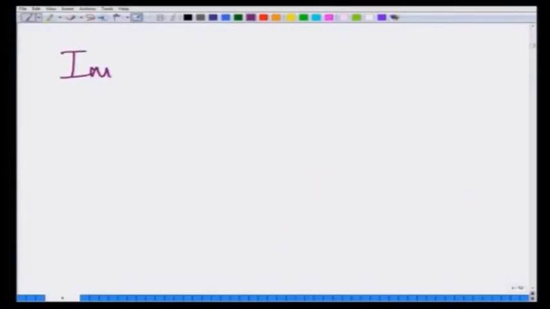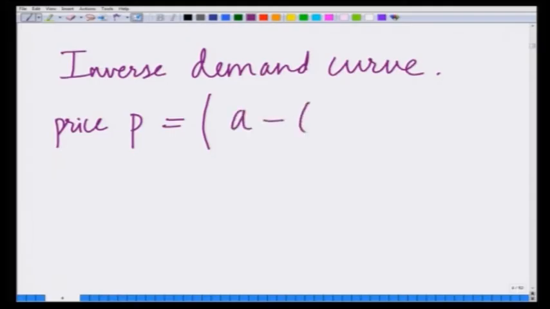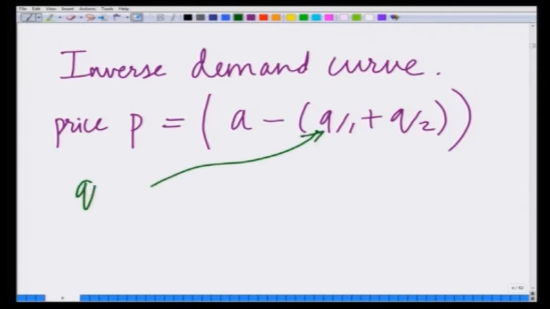And the inverse demand curve, remember we will assume the same, that is the price per unit P as a function of the quantities Q1 and Q2 produced by firms 1 and 2, we can model as P equals A minus (Q1 plus Q2).